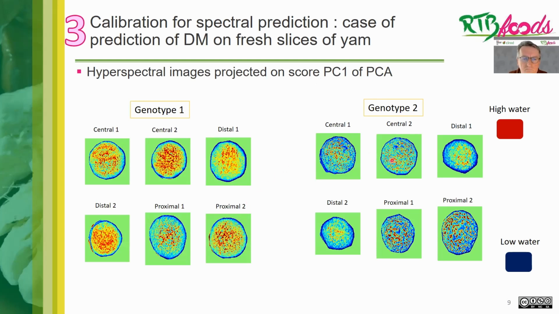As you can see, the red is high water and the blue is low water. From this image, we can visualize the difference between the two genotypes.